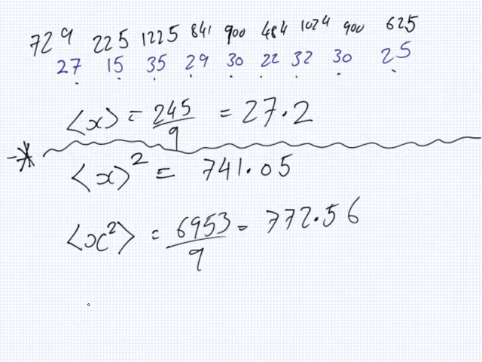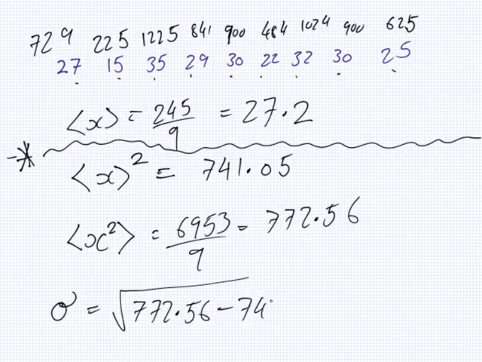772.56. So the standard deviation is the square root of 772.56 minus 741.05, which equals 5.6.